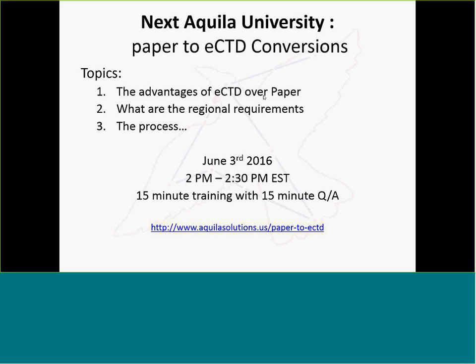We will also cover some of the advantages of eCTD over paper and the regional requirements. Of course, we will go into some depth on the process. This training is June 3rd, 2016, and we will have some time for questions at the end. And if you have any further questions, please do not hesitate to email.